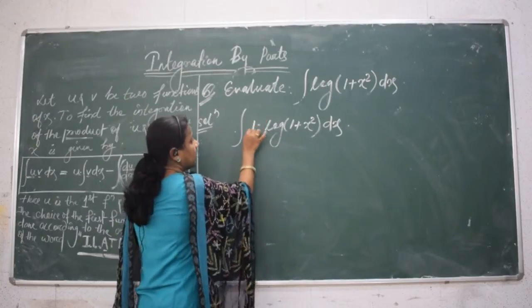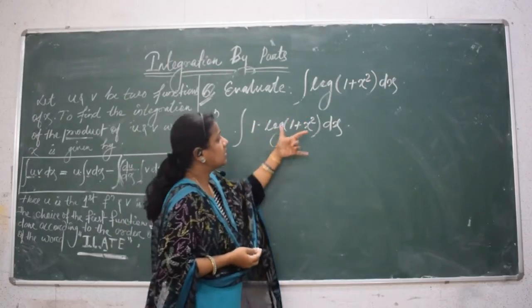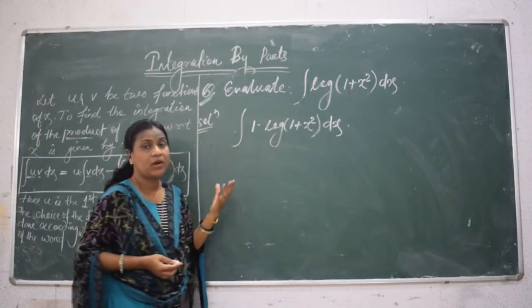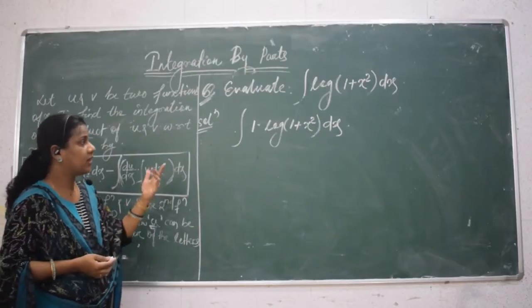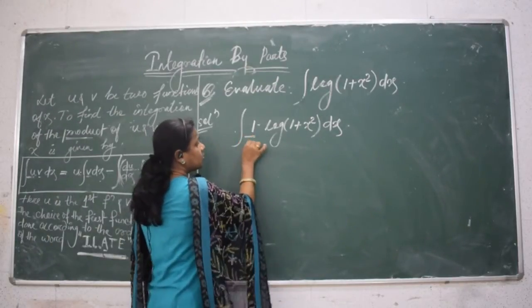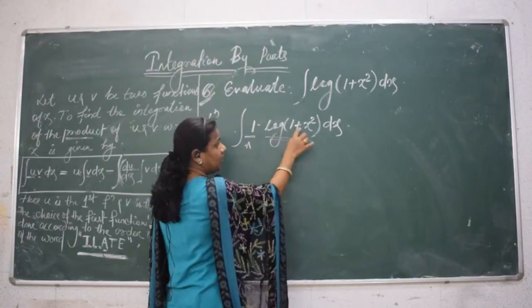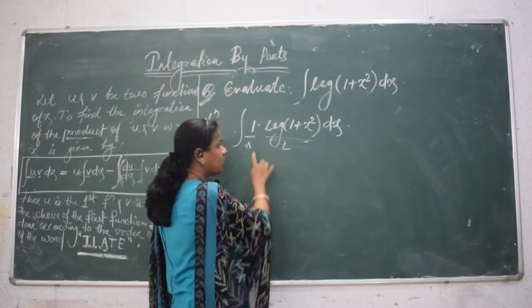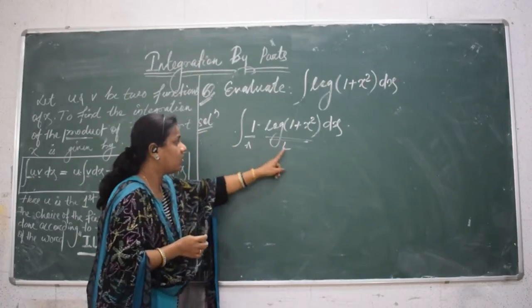Here I have taken 1 into something. Here 1 means x to the power 0, which you can take as the algebraic function. So 1 is the algebraic function and log of 1 plus x square is the logarithmic function. Which function comes first, A or L?